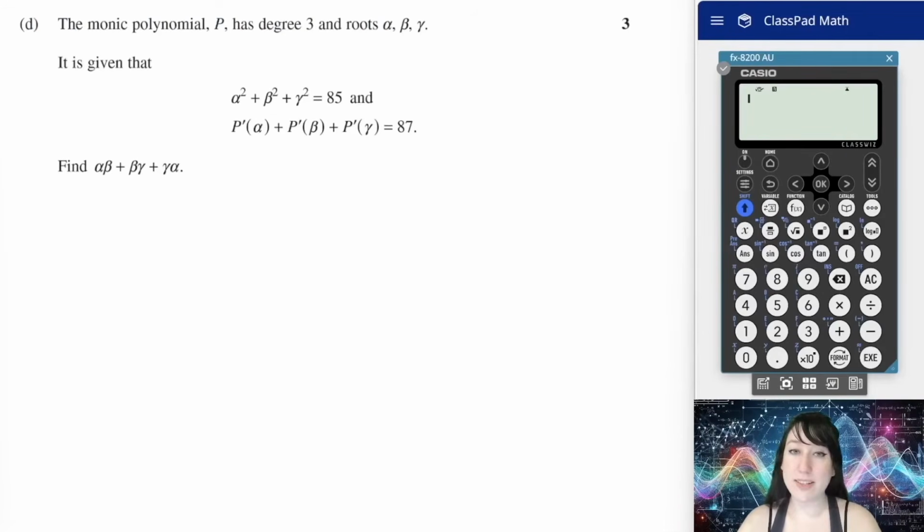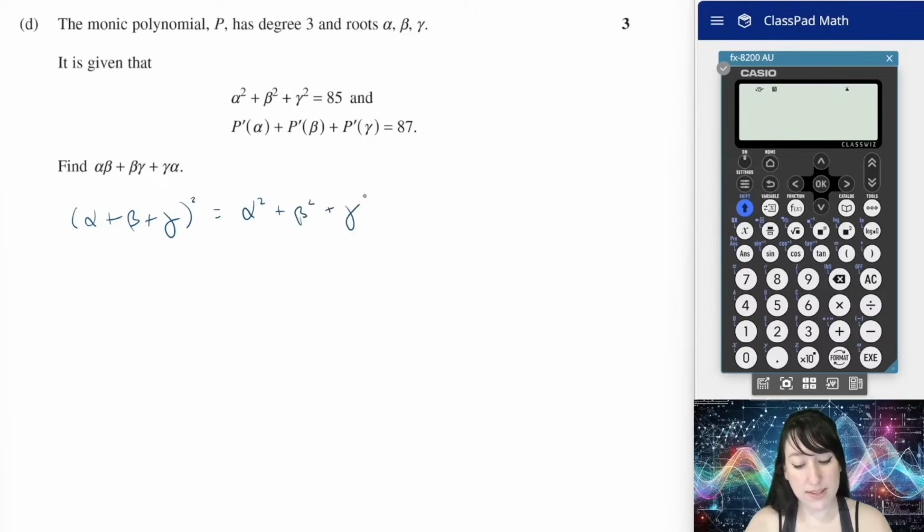Let's start by considering the square of alpha plus beta plus gamma, which is how we usually get to alpha squared plus beta squared plus gamma squared. If we expand that, we'll get alpha squared plus beta squared plus gamma squared plus alpha beta and alpha gamma, beta alpha and beta gamma, gamma alpha and gamma beta.